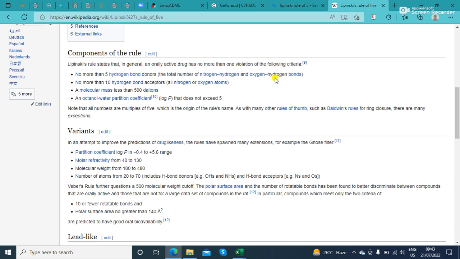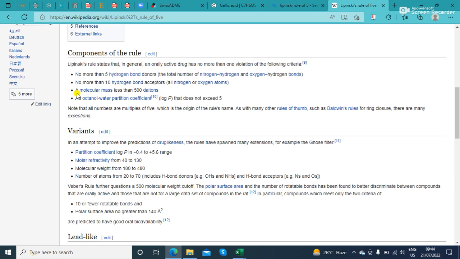The first one is there should be no more than five hydrogen bond donors. The second one is saying that there should not be more than 10 hydrogen bond acceptors. The third one is saying that the molecular mass or the molecular weight should be less than 500 daltons.